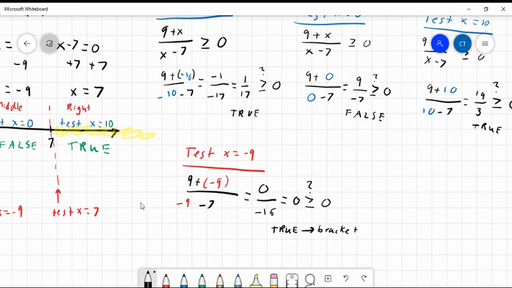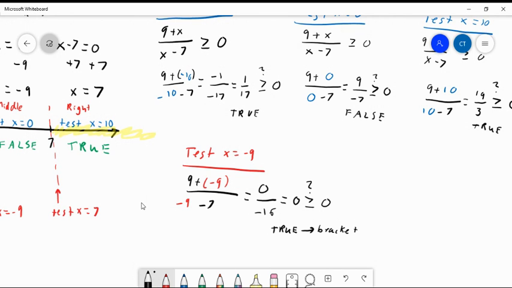Now let's test the other endpoint, x equals 7. Put a 7 in for both x's in the original inequality and simplify. You will end up with 16 divided by 0. However, can you divide by 0? No, you cannot divide by 0. 16 divided by 0 is undefined.